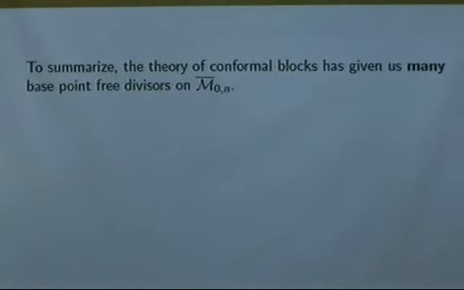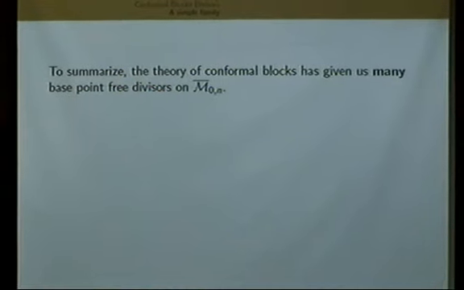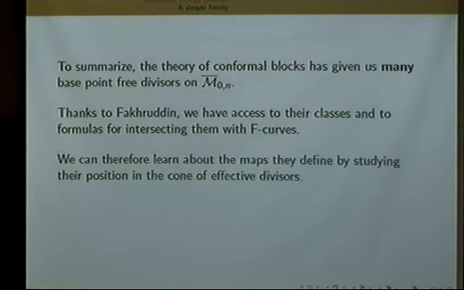Okay, so I want to summarize. The theory of conformal blocks has given us many base point free divisors. I mean, we looked at just a few, just the tiny tip of the iceberg. And thanks to Ferran, we have access to their classes and for intersecting them with F-curves. And that means that we can learn about the morphisms that they define. We can learn about them by knowing what position they are in the nef cone.